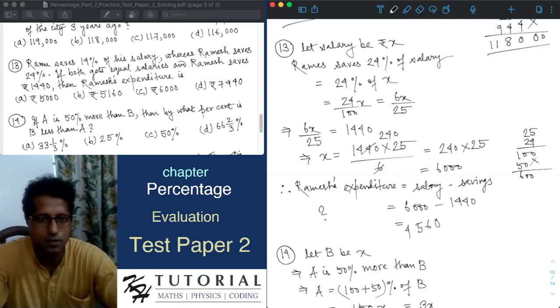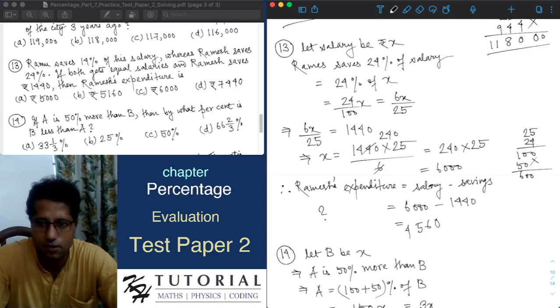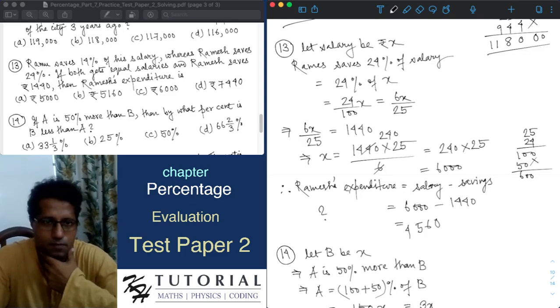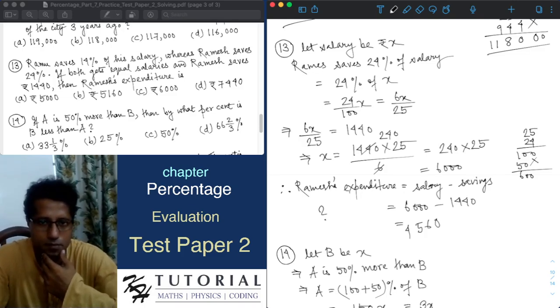That could be a possibility. But anyway, let's check my calculation once again. It says that Ramu saves 14% of his salary, whereas Ramesh saves 24%. And if both get equal salaries and Ramesh saves rupees 1440, then Ramesh's expenditure is.